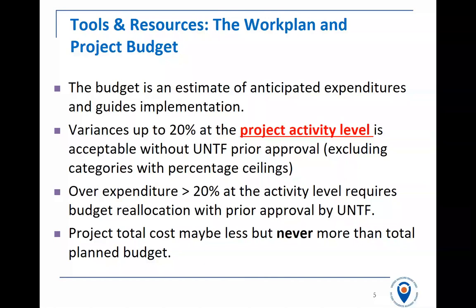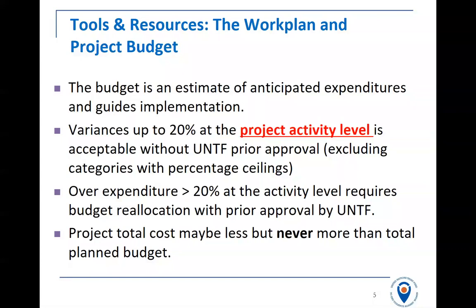You just have to make a note of it, and you could also make a note of it in your financial report to us. So an example could be that you've budgeted $10,000 for training of some project beneficiaries, and you realize that you actually need to spend not 10,000 but 11,000.